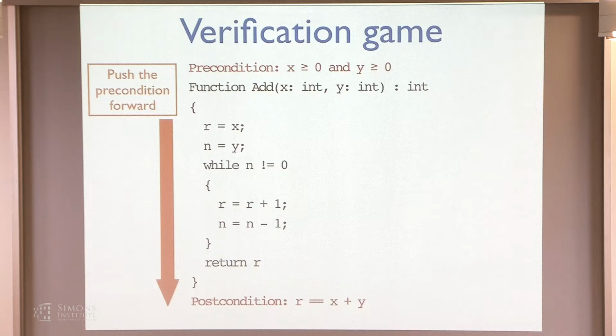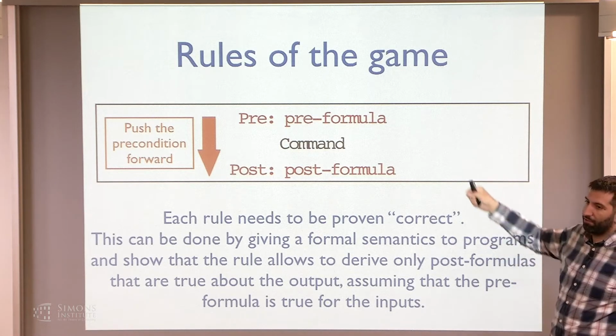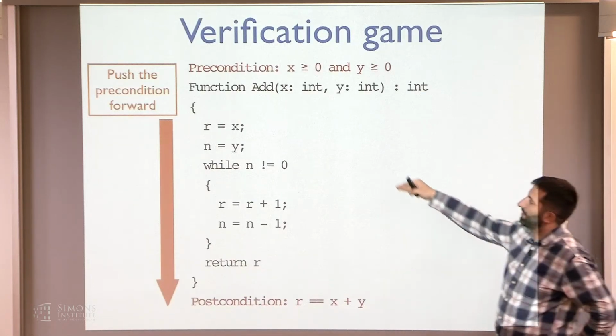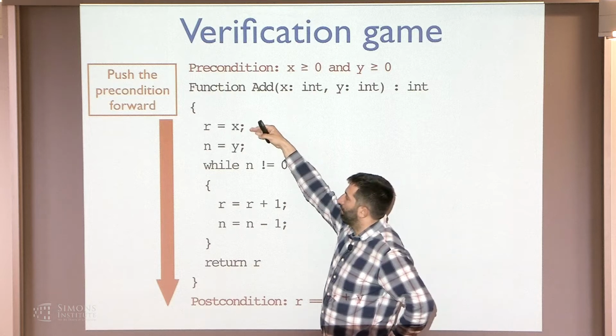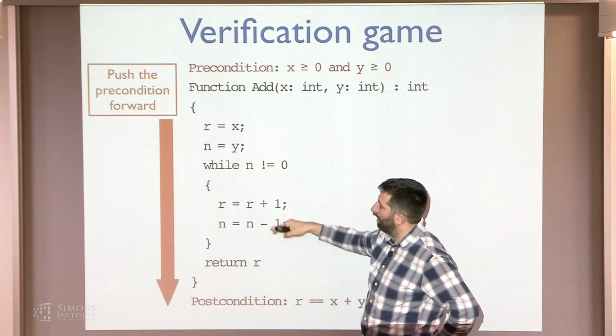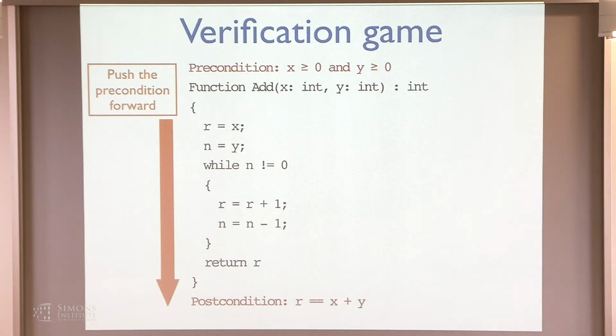I call it a game because I will introduce some rules of the game, which tell us how to step from a pre-formula to a post-formula by looking at each of these lines. Later I will do several steps at the same time, but every time I pass through one of these lines, I will apply a rule of the game.